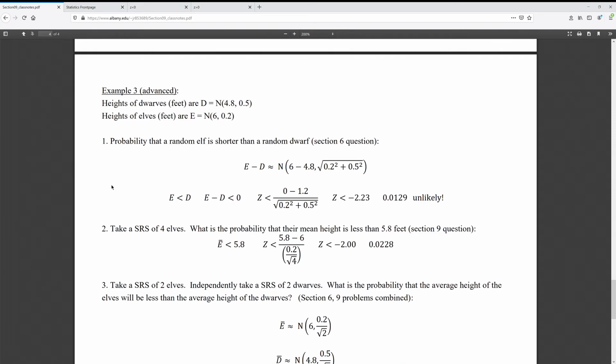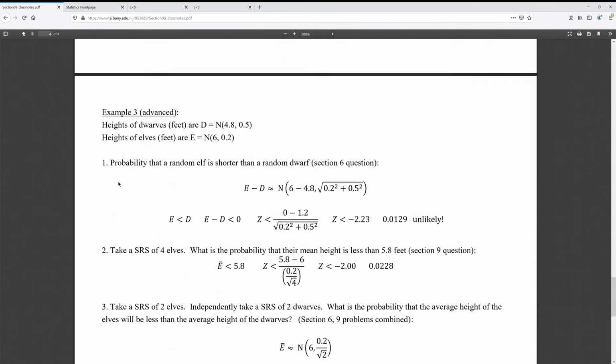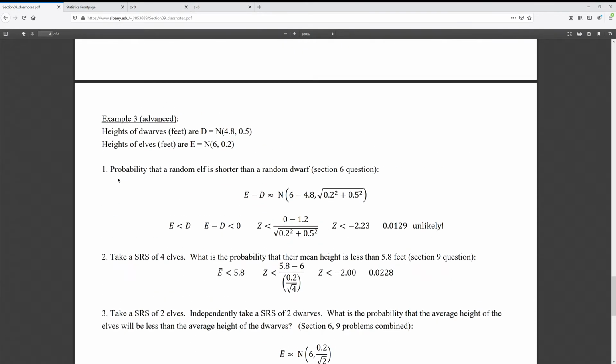So I don't actually do the first problem type. I do the 2, 3, and 4 of 4. So example 3. This is a more advanced example of how to do these type of problems. So let's take a foray to Middle Earth. The heights of dwarves in general are approximately normally distributed, with mean 4.8 feet and standard deviation 0.5 feet.